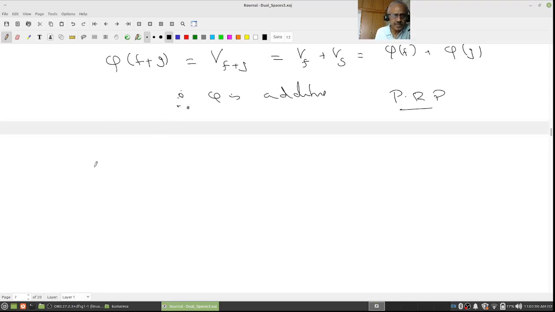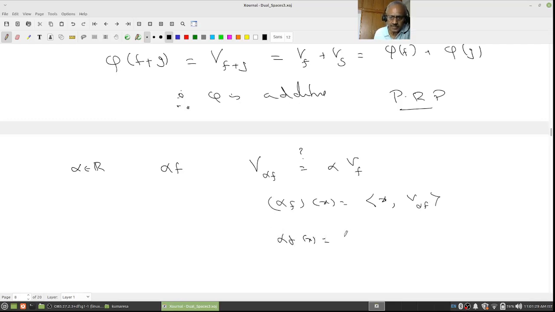Okay, and similarly, next what do you think I should claim? Let alpha be a scalar, then v of alpha f is the same as alpha times v of f. We want to check. That is again easy, because alpha f acting on x by definition is the inner product of x with v of alpha f. Okay, but what is alpha f of x by definition? This is alpha times f of x, that is alpha times the inner product of x with v_f.